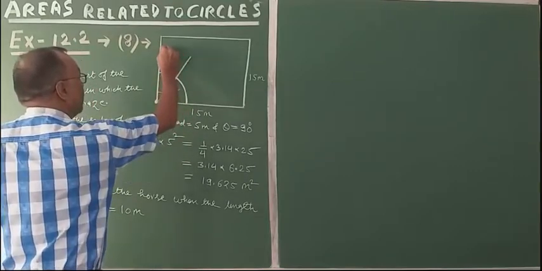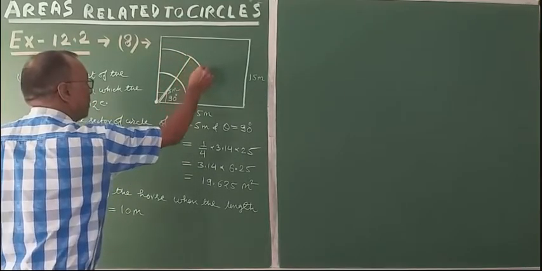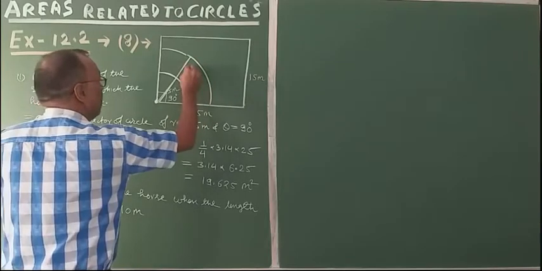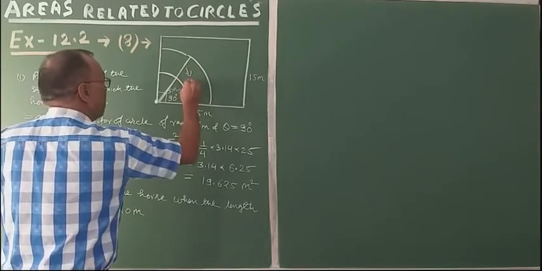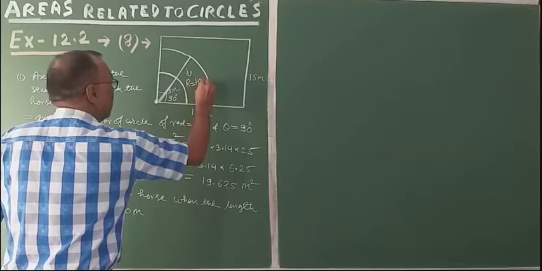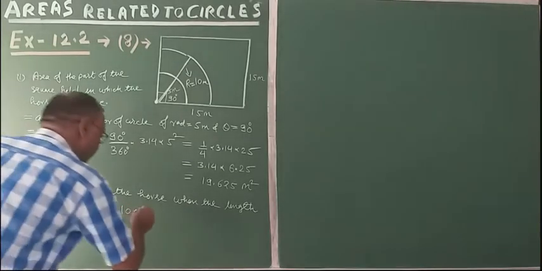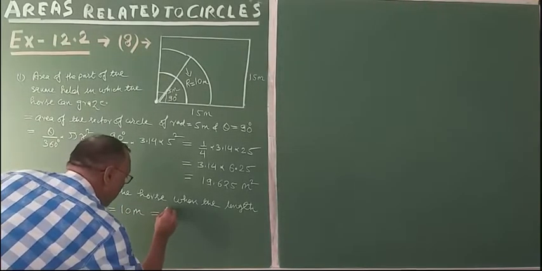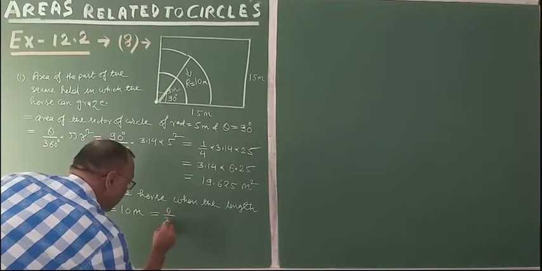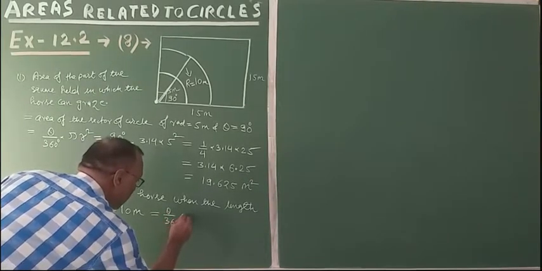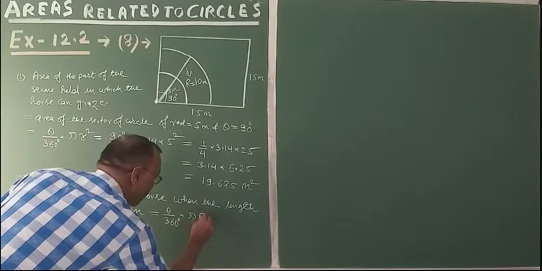So in this area the horse will graze. So what is the new radius, that is 10 meter. So area grazed by the horse when the length of the rope is 10 meter, that will be theta upon 360 into pi r square.